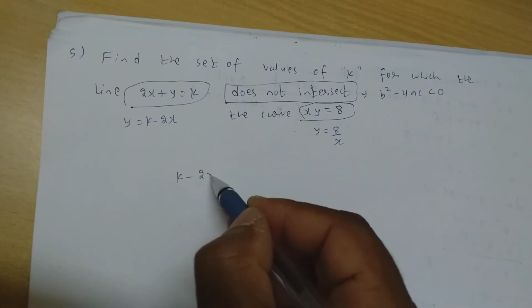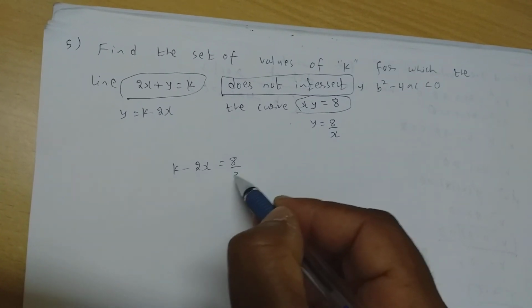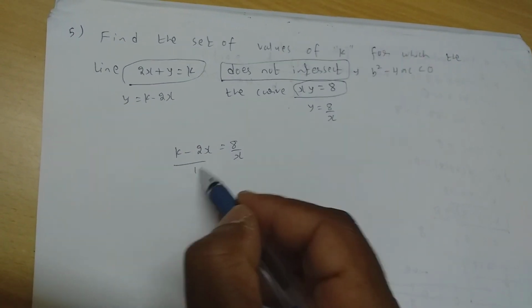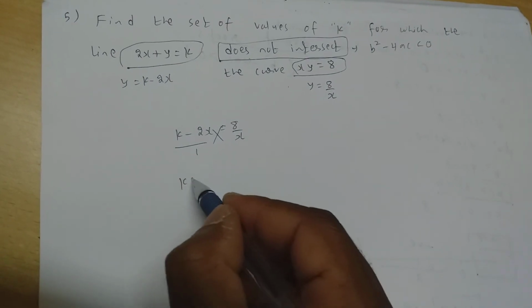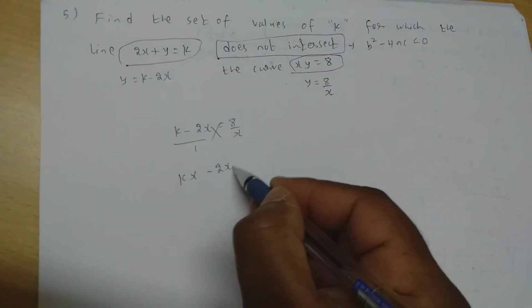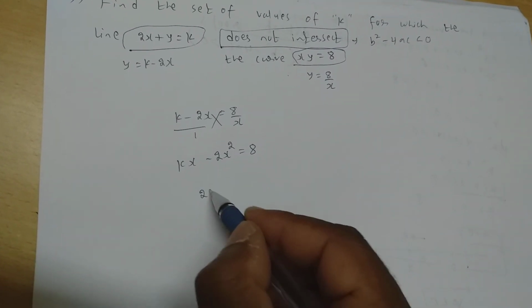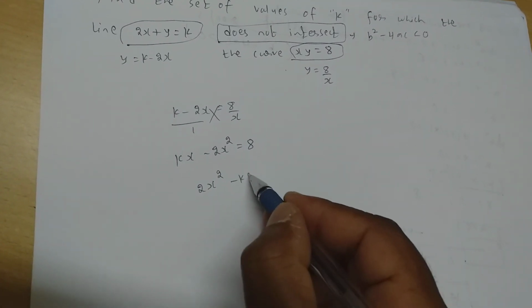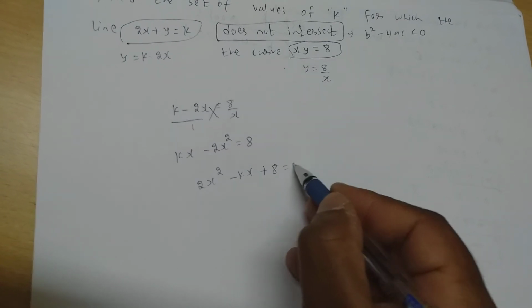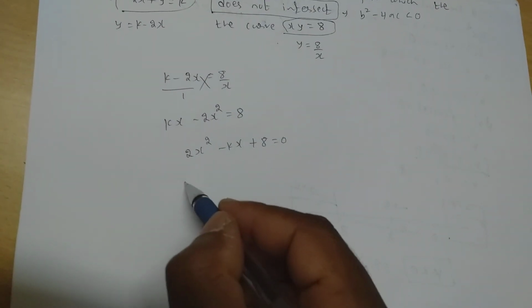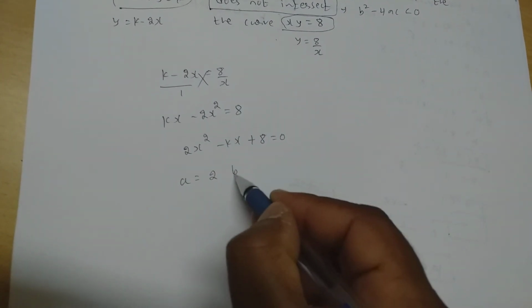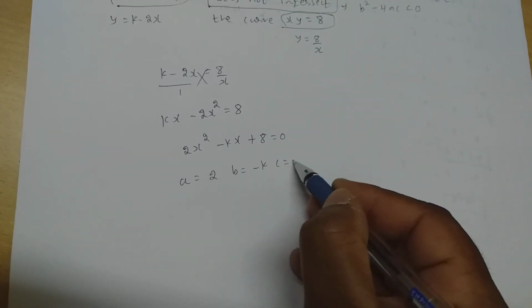So k minus 2x equal to 8 by x. Cross multiply. What do I get? Kx minus 2x square equal to 8. Send this to the other side. I get 2x square minus kx plus 8 equal to 0.